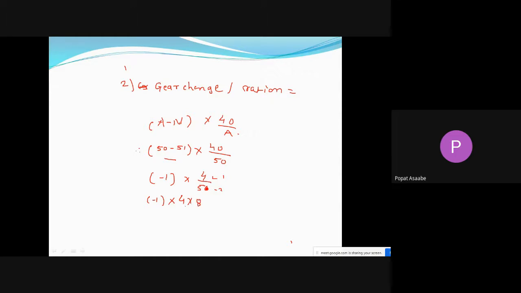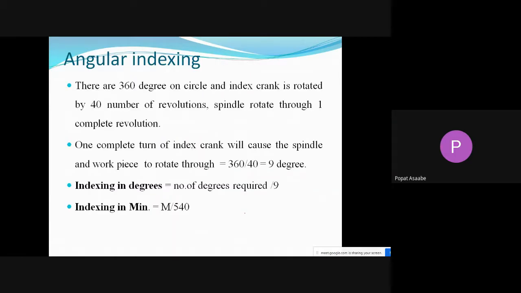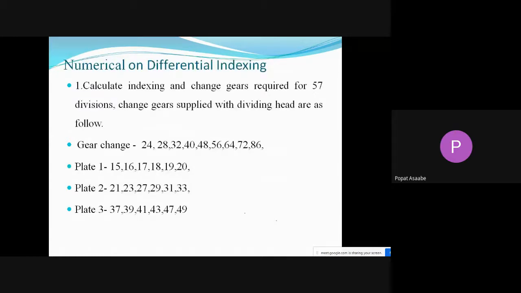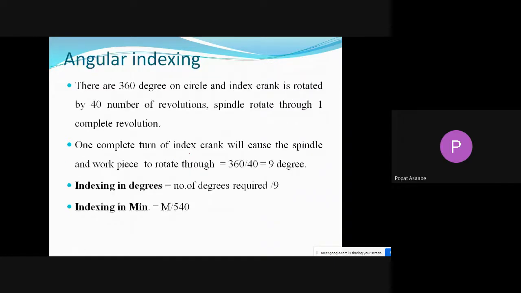Then 4 into 8 is 32, and 5 into 8 is 40, so it is 32 divided by 40. Now we check whether 32 and 40 are available in the gear change. Now see here, they are available. Now it is correct.